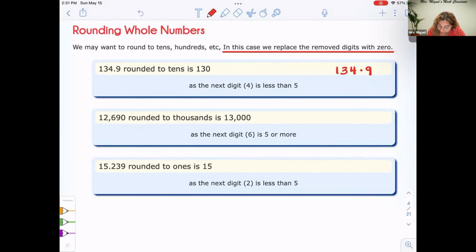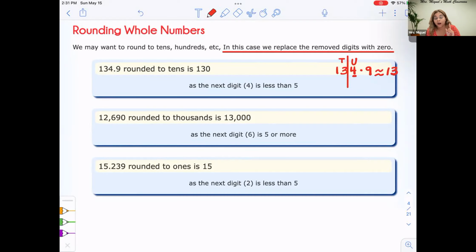134.9. We have units, we have tens. This is my cutoff here. It means this is my deciding factor. I know that this number is less than 5, so I do not add 1. So here's what I am going to put, 1, 3.